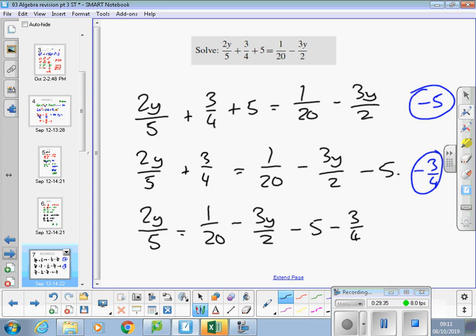Next. Remember, we need all the y terms together. If we multiply by 5 now, I'm just going to show you what you'd have to do to multiply both sides by 5.